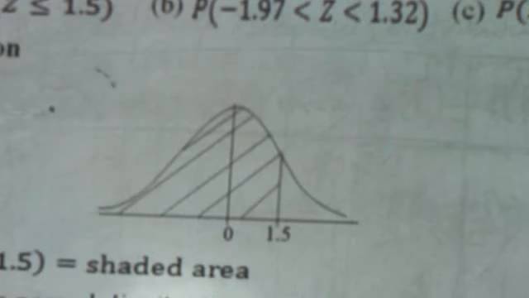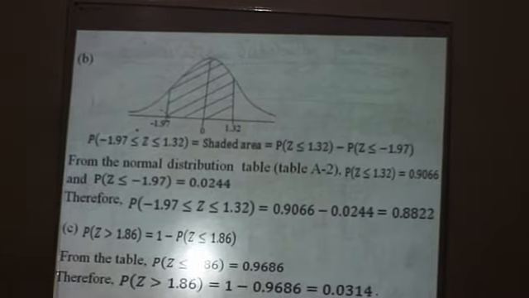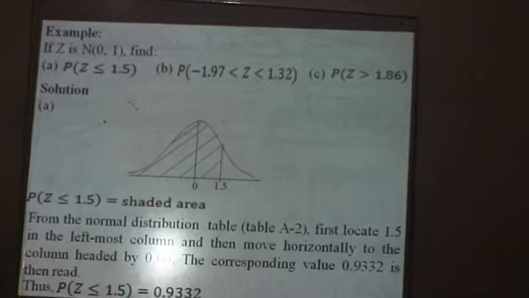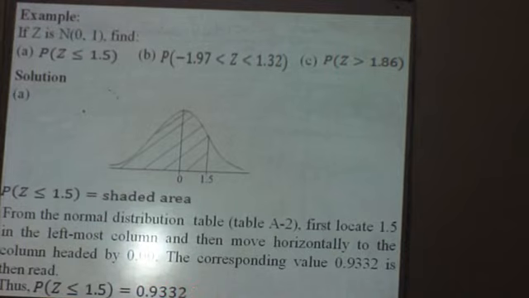And then we read the corresponding number found there, and this one we get 0.9332.